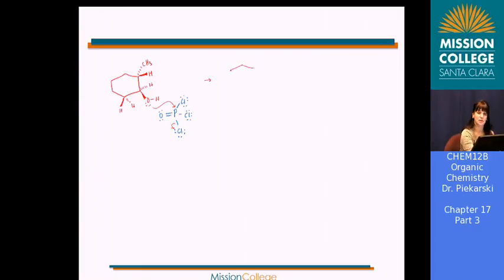And let's go ahead and draw the intermediate that we make. So nothing has happened here. So I'm going to just maintain that stereochemistry as is. This oxygen still has that proton, lone pair. Now we have a new bond between oxygen and phosphorus.